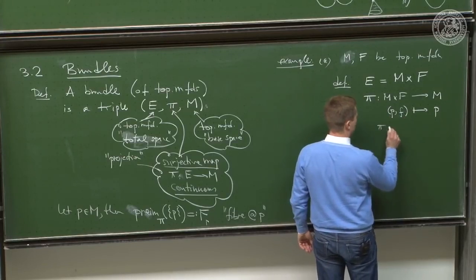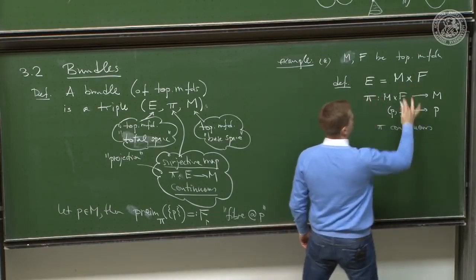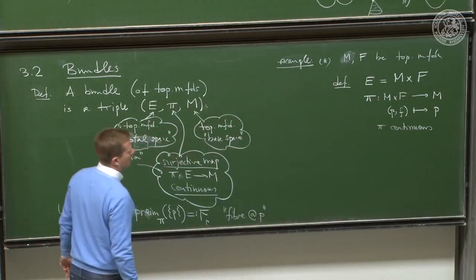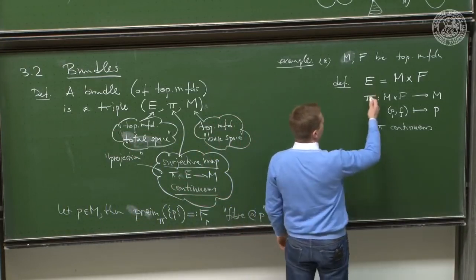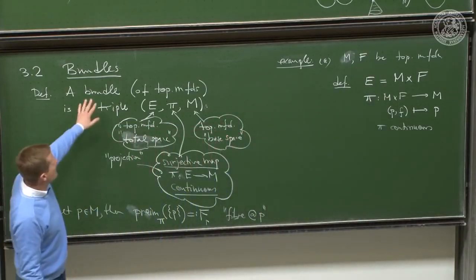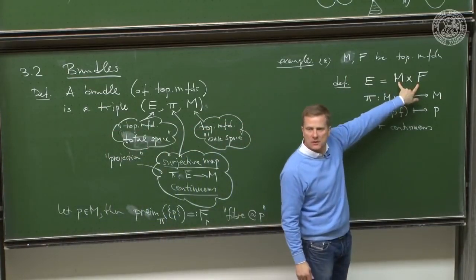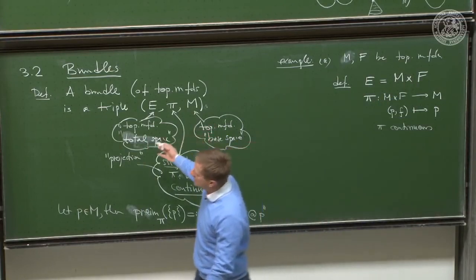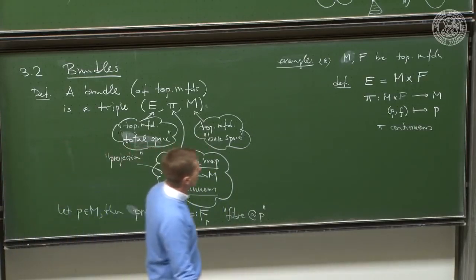So pi is continuous in the product topology on M cross F. So we have everything together. This way we constructed a bundle as the product of two manifolds. So certainly the notion of bundle contains the idea to look at the product. It contains that idea.